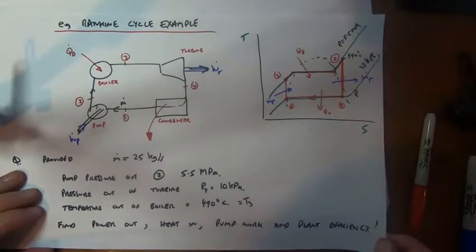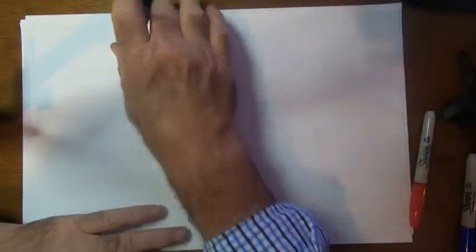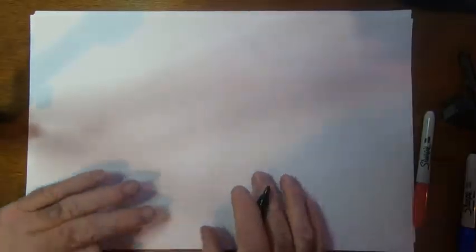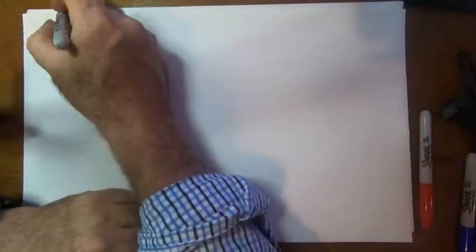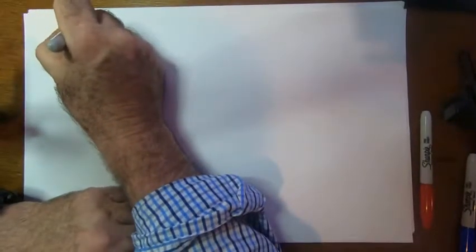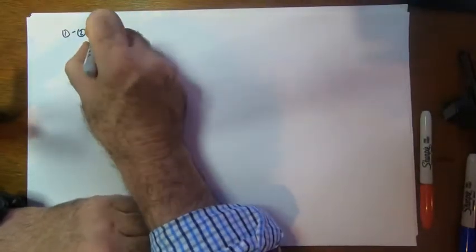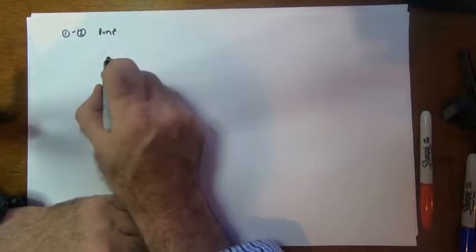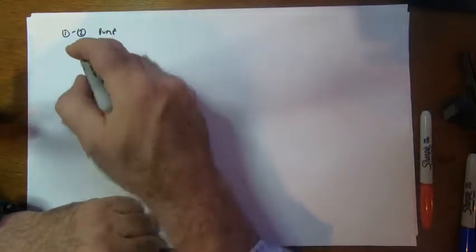So that's the problem. Let's start working our way through. Always a good place to start is where the most data is, but in this particular case, if you're not sure, I always think the pump is one of the easiest things to work with. So we will look from 1 to 2, and we will look at the pump. I always like to draw a little schematic of my pump.